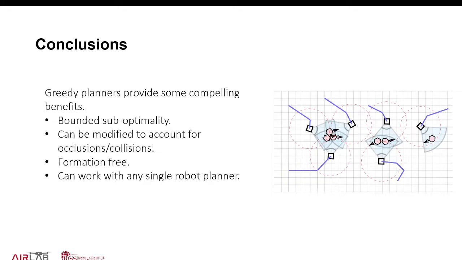It's formation free, so we should be able to adapt to more scenarios than previously available for the purposes of optimization. And it can also work with any single robot planner. You have to be a little bit careful if you want to maintain the suboptimality bound, but it can in principle work with any single robot planner, so you can utilize advancements in single robot planners to do this.